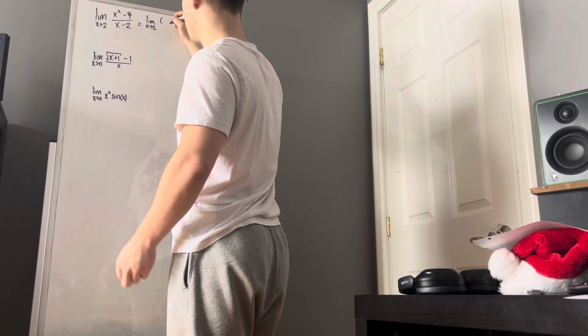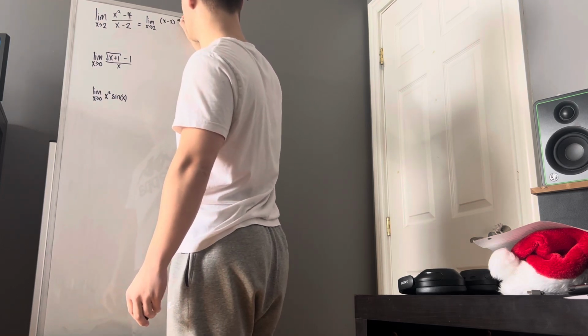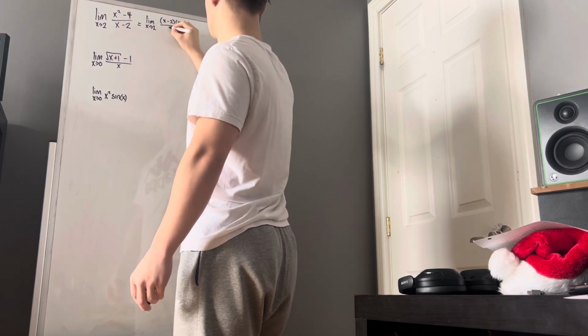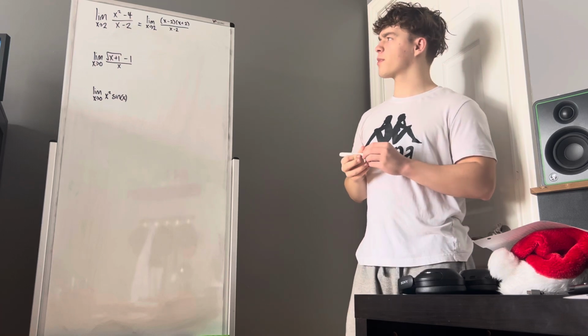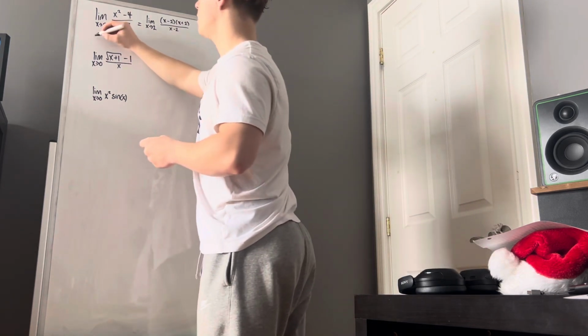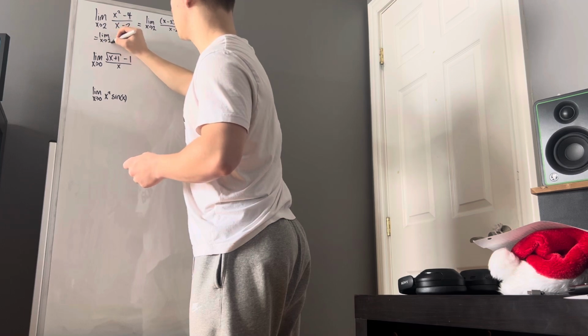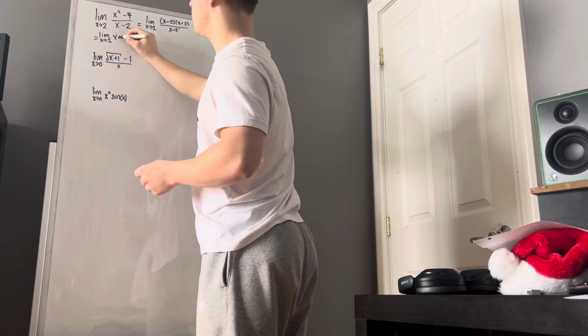But we're going to split up this x squared minus 4 into x minus 2 times x plus 2 over x minus 2. And so what's that equal now? Well, that just equals the limit as x approaches 2, and we'll cancel these two out, of x plus 2.